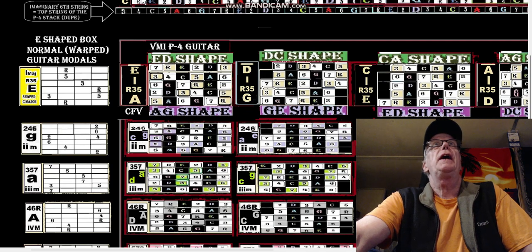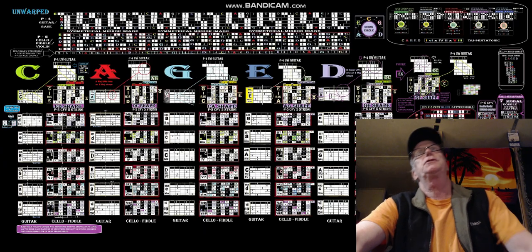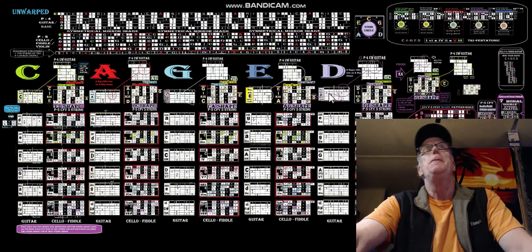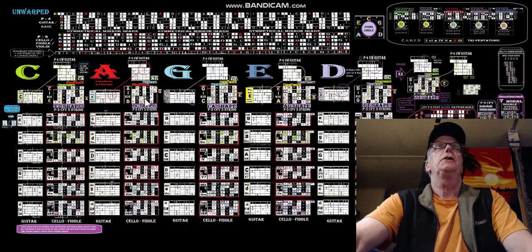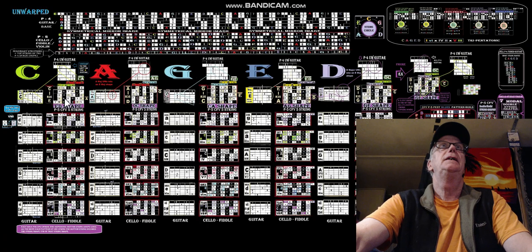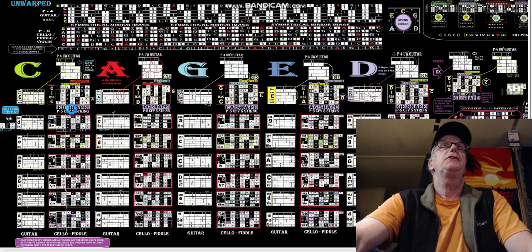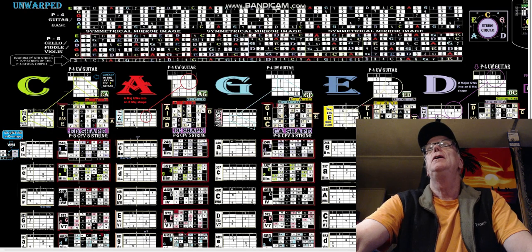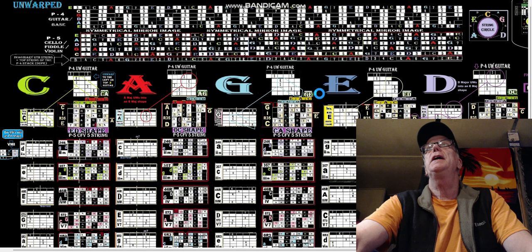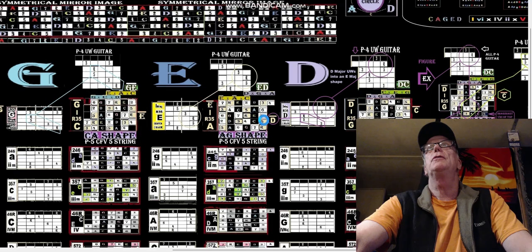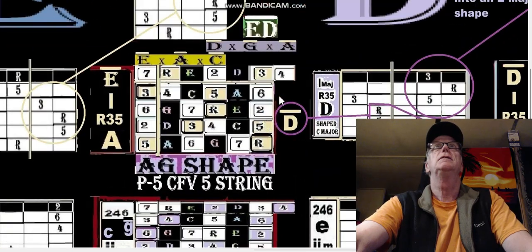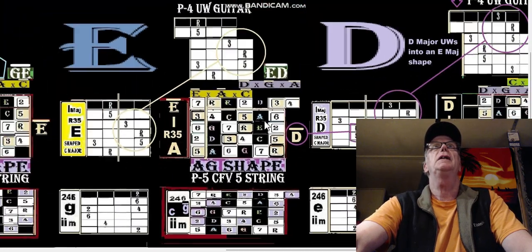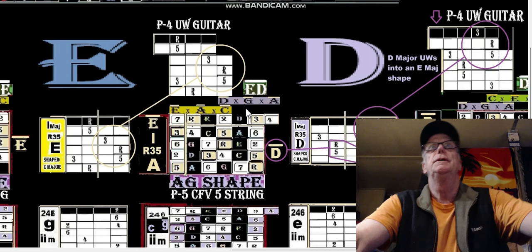So let's advance to today's chart. All right. Now, I'm going to go over to the A. Things have changed a little bit here. In the E shape, E and E bar, right, we were over here with that. This is where we were, but now we've got a little bit more information.